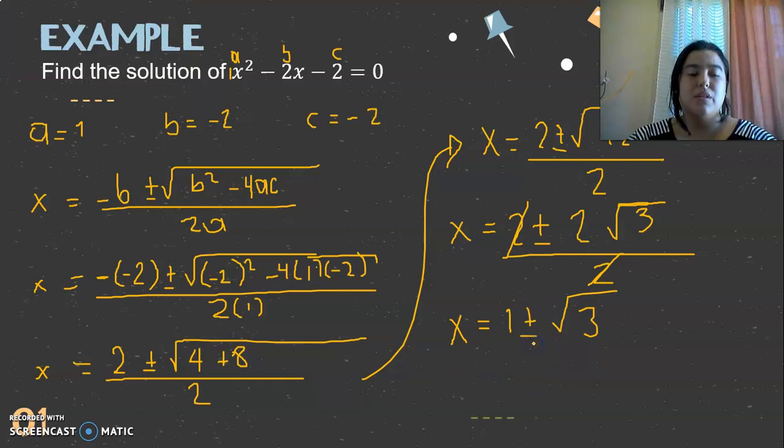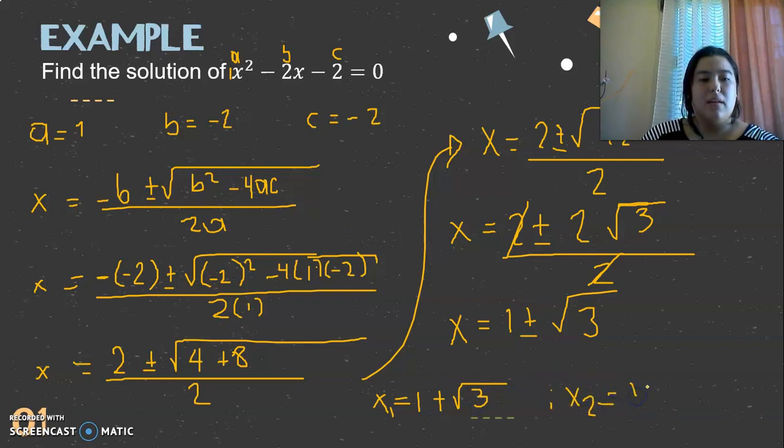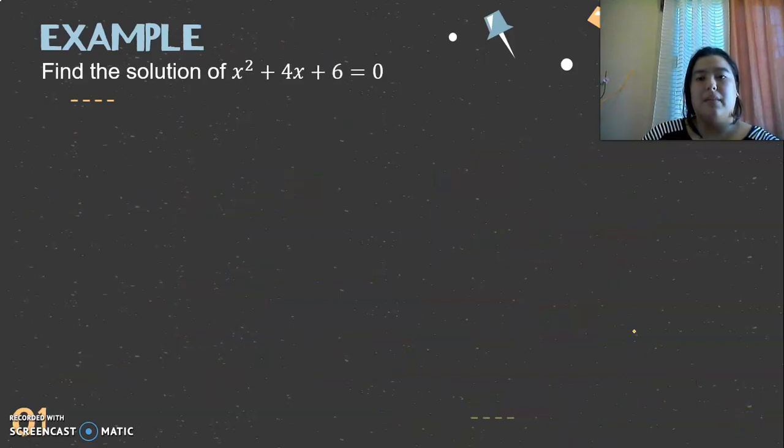We have two solutions because we have positive and negative, so we will have x1 and x2. x1 will be equal to 1 plus square root of 3, and x2 will be 1 minus square root of 3. And this is our solution for this equation, okay?